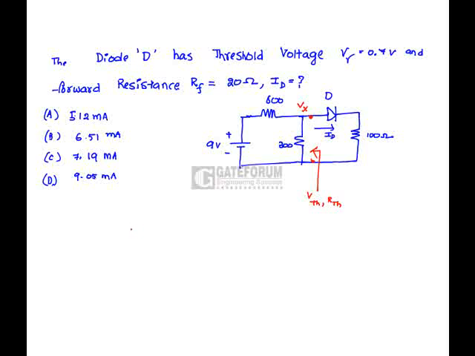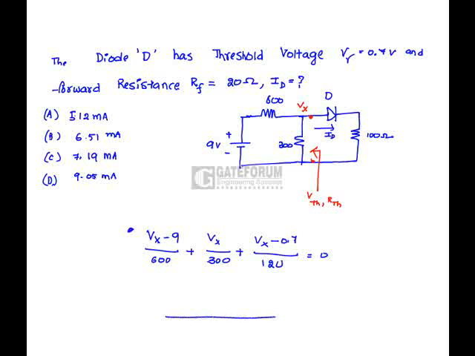That is (Vx minus 9) divided by 600, plus Vx by 300, plus (Vx minus 0.7) divided by 120, because the diode contributes 20 ohms resistance in forward condition, is equal to 0.